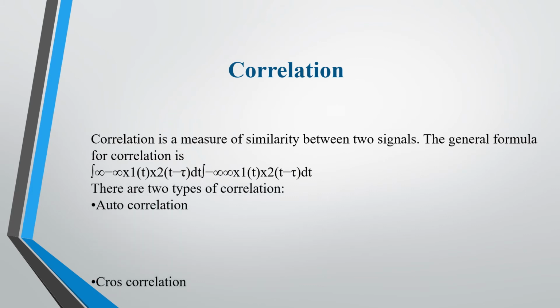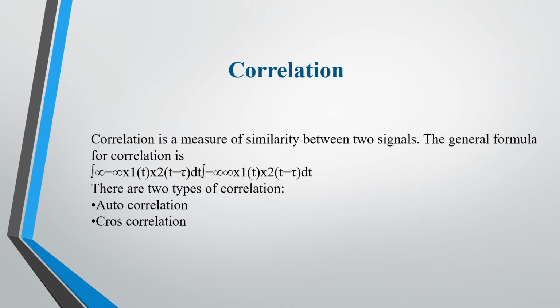Now here comes the most important topic, correlation. Correlation is a measure of similarity between two signals. The general formula for correlation is the integral from minus infinity to infinity of x(t) times x(t minus tau) dt.